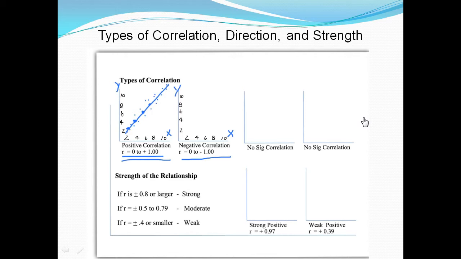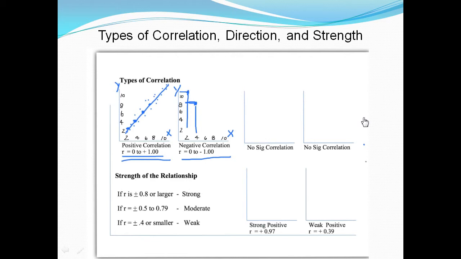So if I plot some points here, if 2 is on x, I look up here at 10, so x is low and y is high, it's up on 10. I move over here and I get a 4 on x and I go to about an 8 on y. So a 4 on x and an 8 gives me this point. A 2 on x and a 10 on y gave me that point.